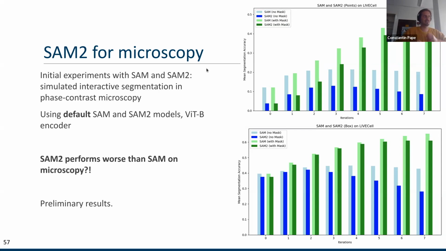This is just comparing the performance of the vanilla models without any of our fine-tuning. So this light blue would be SAM, and this would be SAM2, and we see that the strong blue SAM2 is below the light blue SAM mask.